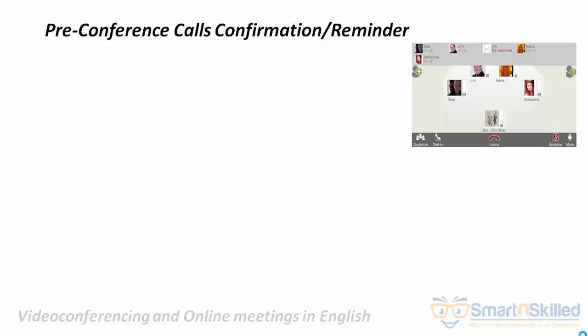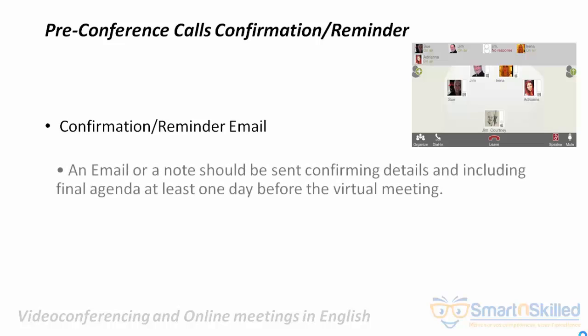Now, pre-conference calls, confirmation and reminder. Confirmation or reminder email. An email or a note should be sent confirming details and including final agenda at least one day before the virtual meeting.